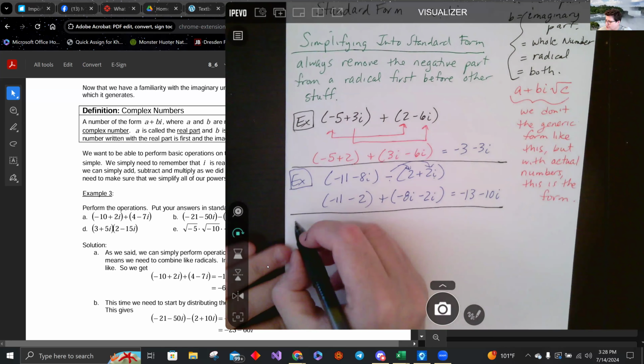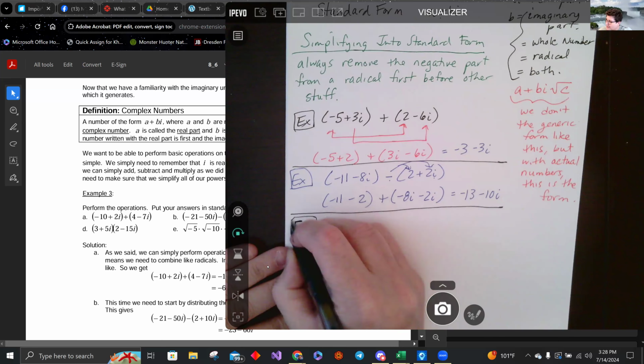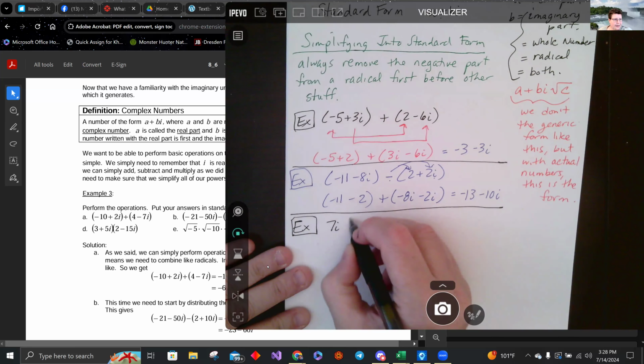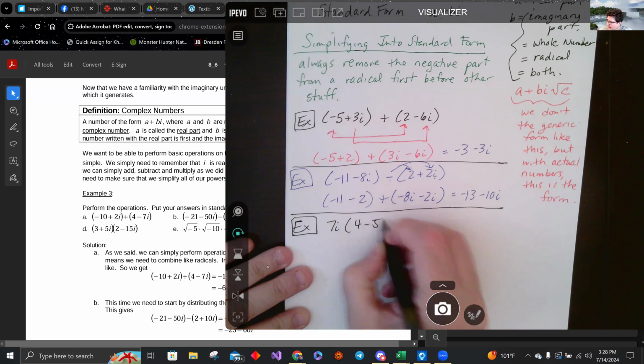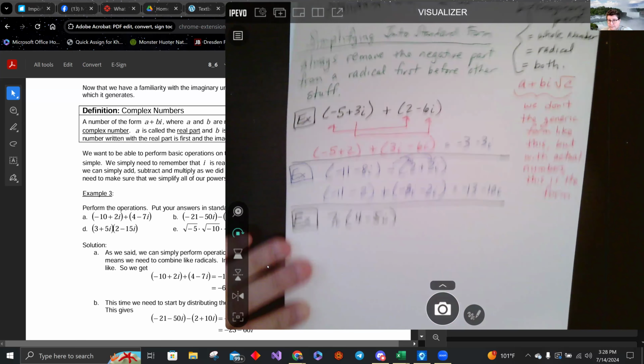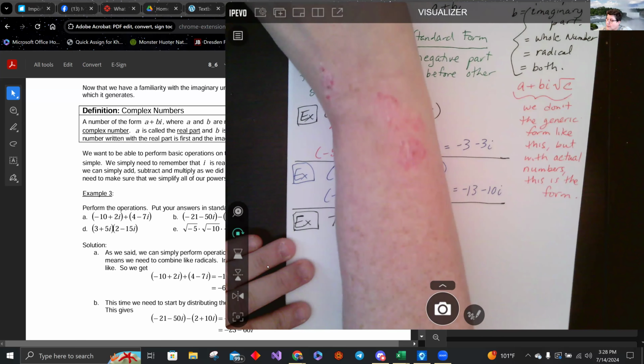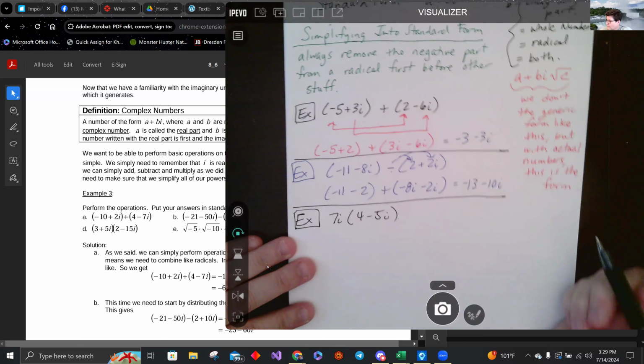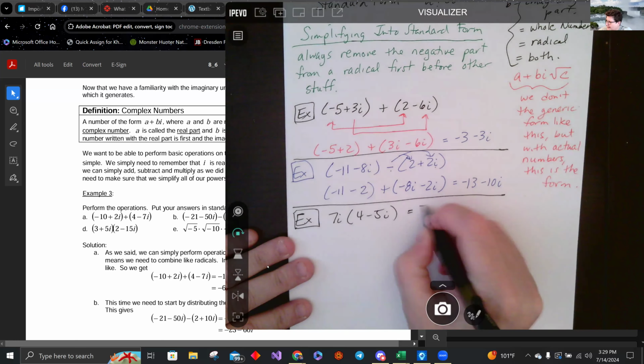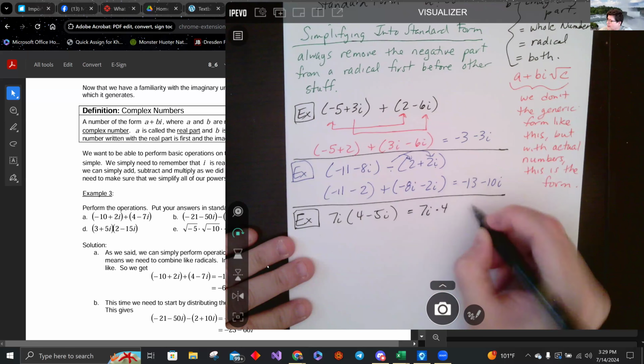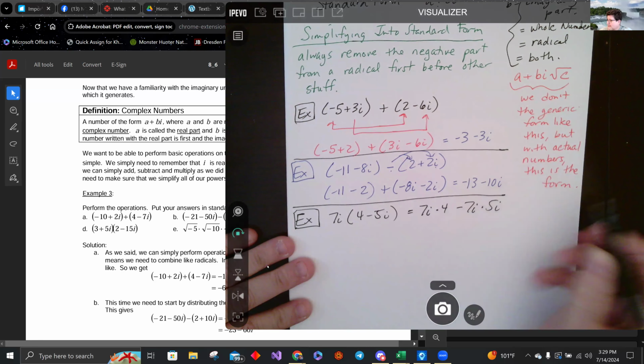Let's do some multiplication. We'll start with a simple one first. We will do 7i times 4 minus 5i. You want to distribute. This is 7i times 4 minus 7i times 5i.